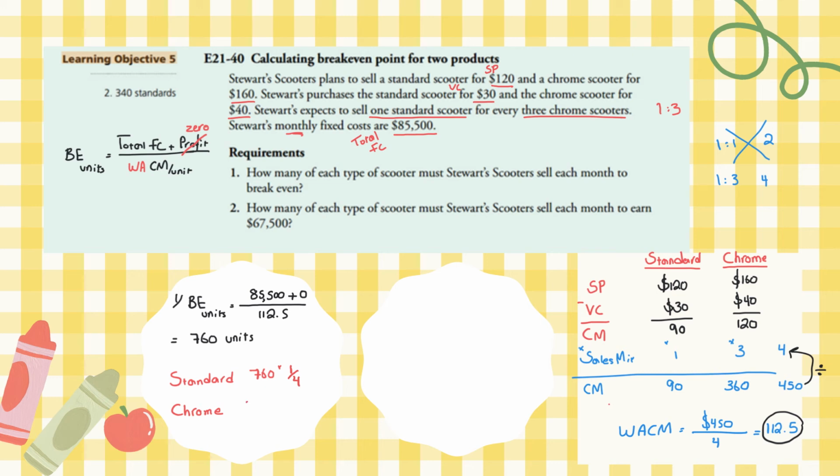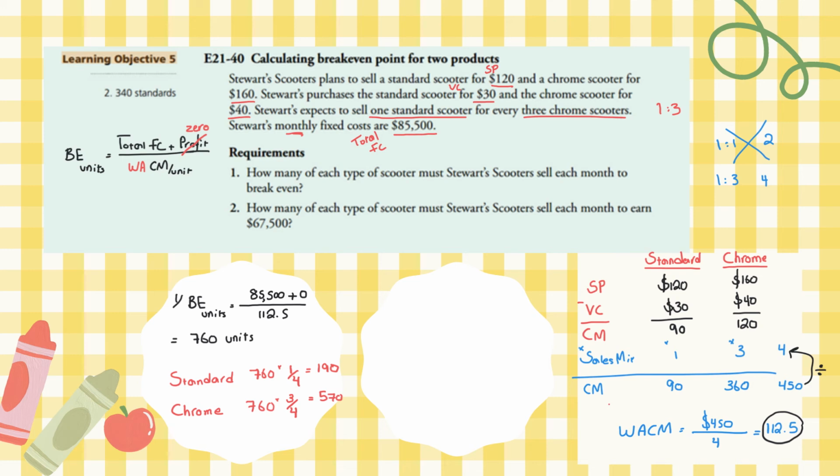And for the chrome, again 760 multiplied by 3 divided by 4. So here it's 190 units, and here it's 570. If you add them up, you should get 760.